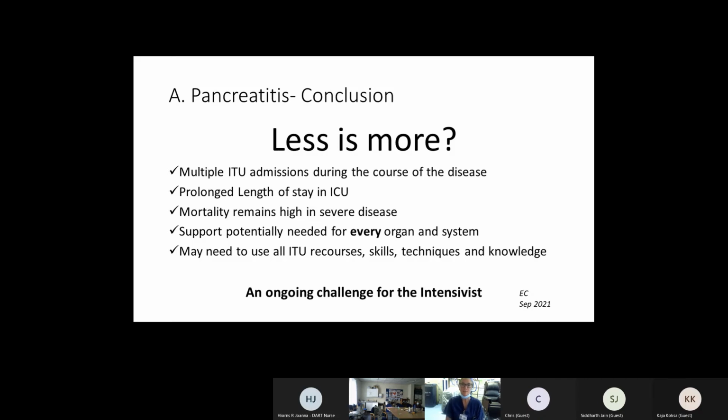They normally have prolonged lengths of stay in ITU. The mortality remains high in severe disease. And in ITU, we potentially have to support every organ and every system. We may have to use all ITU resources, skills, techniques, and knowledge. So acute pancreatitis is still an ongoing challenge for the intensivist.